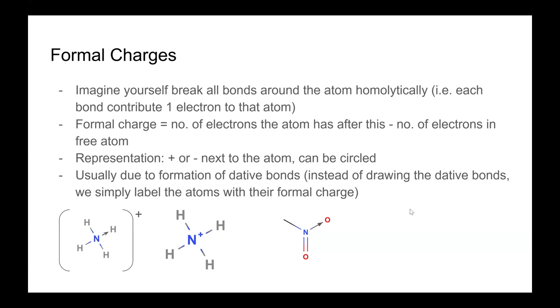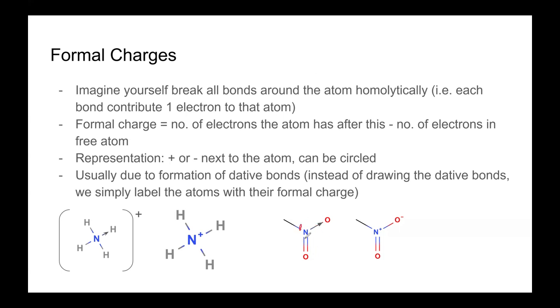So here you have your nitrogen donating its lone pair to an oxygen. So something that you can write here is a minus next to the O and a plus next to the N. Overall, this molecule is still neutral, but its atoms can have formal charges. These formal charges cancel out to give you a neutral molecule. In this case, you can imagine breaking all these bonds homolytically.